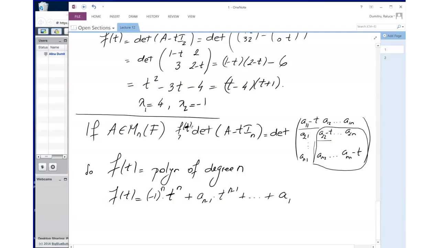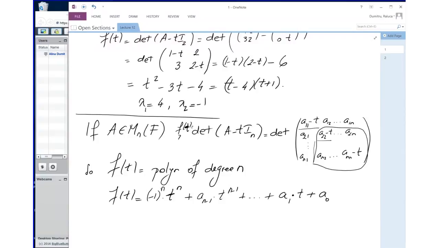plus a1 t plus a0. Now a0 is something else that I can tell something special about. How can you get rid of all the other terms?